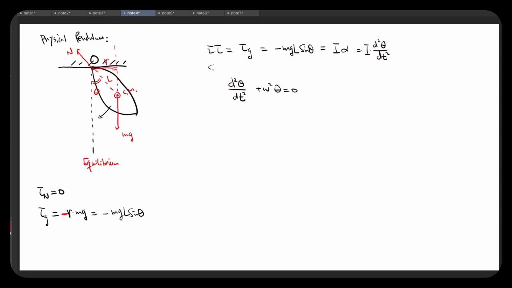Under the small theta approximation, we have sine theta approximately theta, and then omega is given by the square root of mgl over I. All right, so that gives us the same standard differential equation we need to solve, and we'll talk about this solution in the next video. Okay, that's all for this video. Thanks for watching.